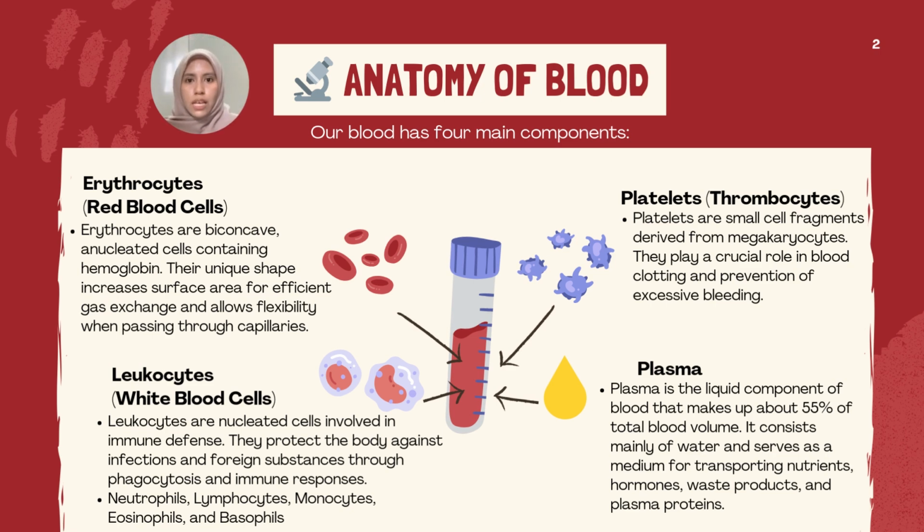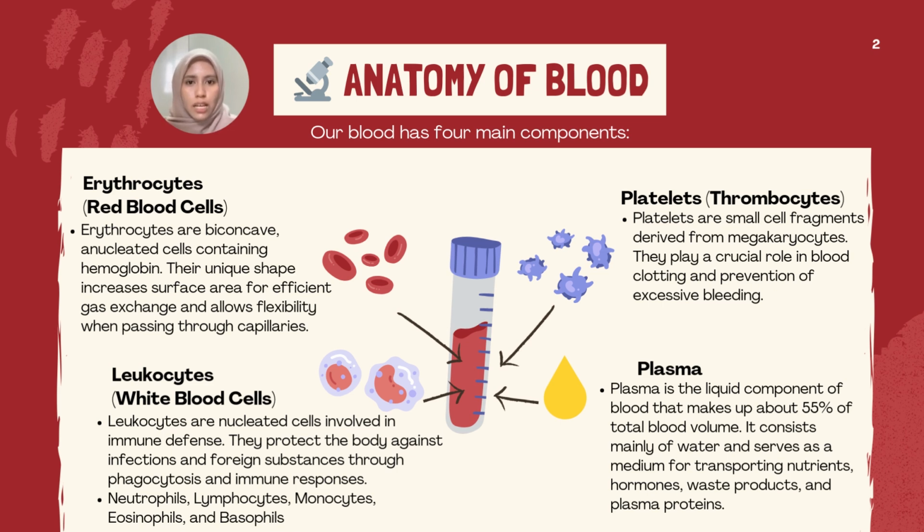Erythrocytes or red blood cells are biconcave and lack a nucleus. This shape increases surface area for efficient gas exchange and allows flexibility when passing through narrow capillaries. They contain hemoglobin, which is essential for oxygen transport. Next, leukocytes or white blood cells are nucleated cells involved in immune defense.